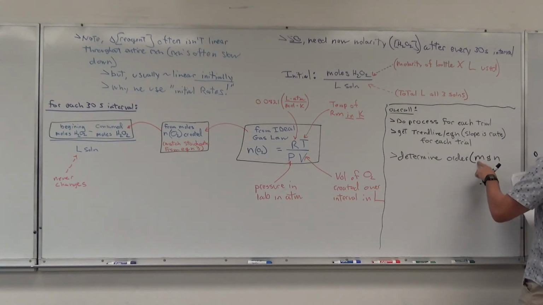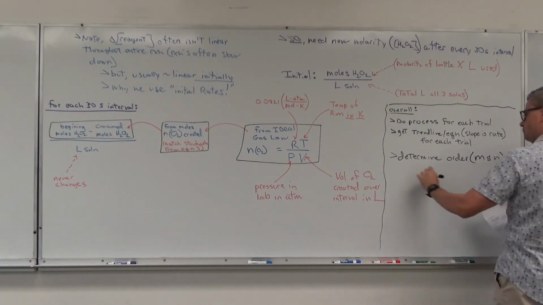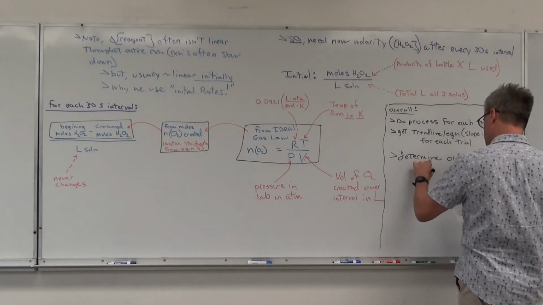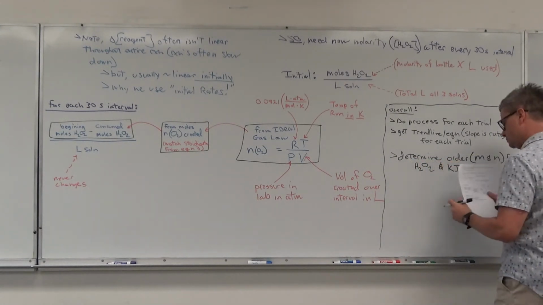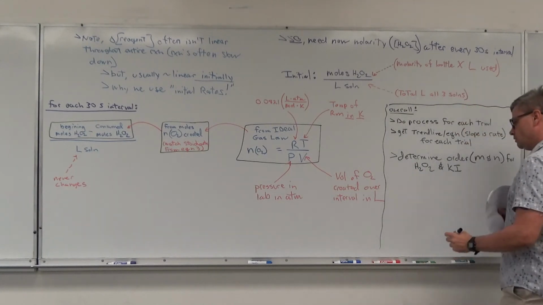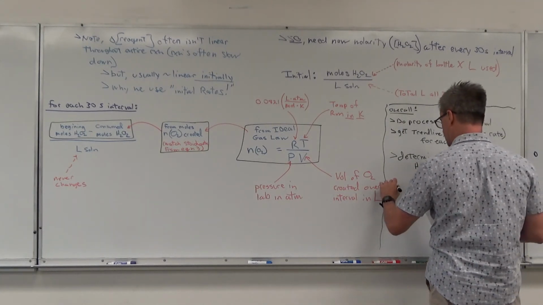In other words, determine the order with respect to peroxide and the order with respect to potassium iodide, m and n, for hydrogen peroxide and potassium iodide. Okay. And then once you know the order, then you can figure out the rate constant.